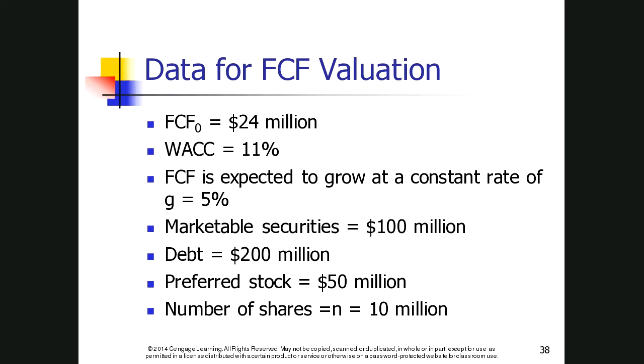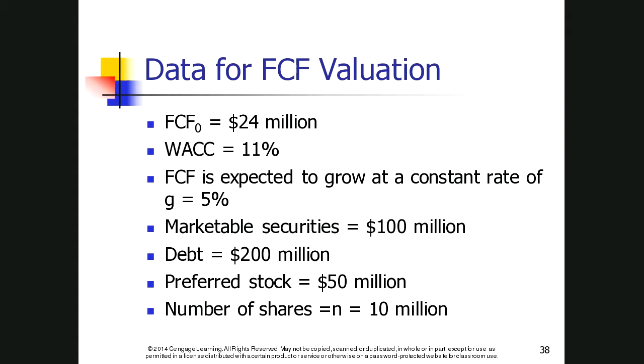So this is the second route of evaluating stock. Basically, we calculate the firm's main operation value, take away the debt value, take away the preferred stock value, and the rest of it is equity value divided by the shares outstanding, then you get the per share value of equity.